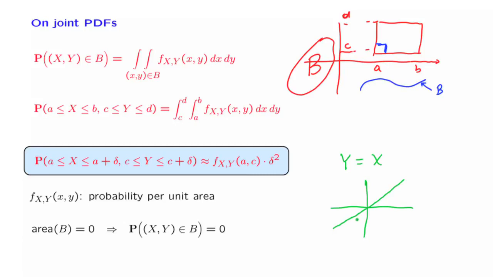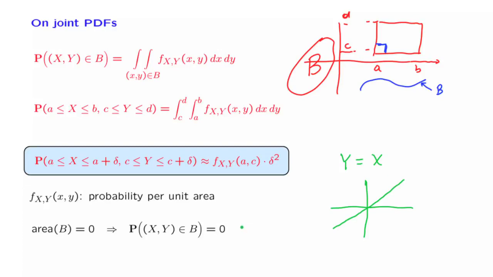All the probability lies on top of a line, and a line has zero area. So we have positive probability on a set of zero area, which contradicts what we discussed before. Well, this simply means that x and y are not jointly continuous.